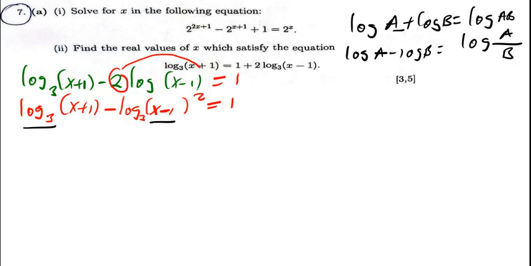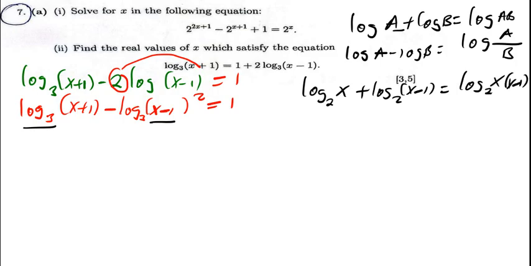Okay, so in a case where you have been given log base 2 of x plus log base 2 of (x minus 1), this is the same as log base 2 of x times (x minus 1), like that.